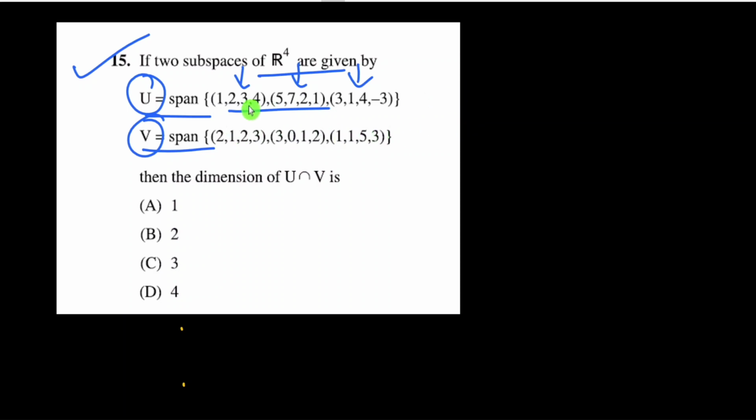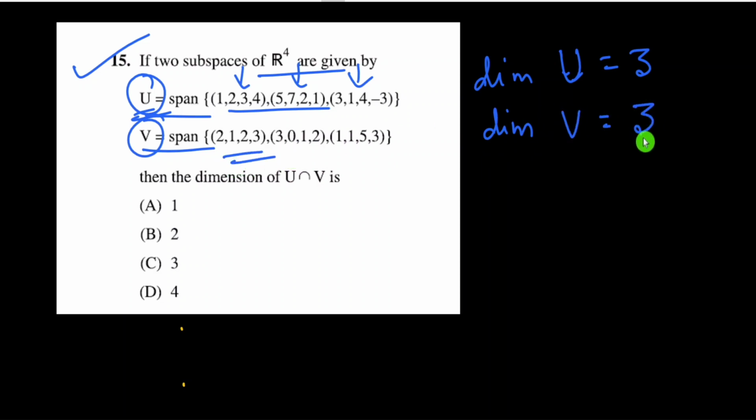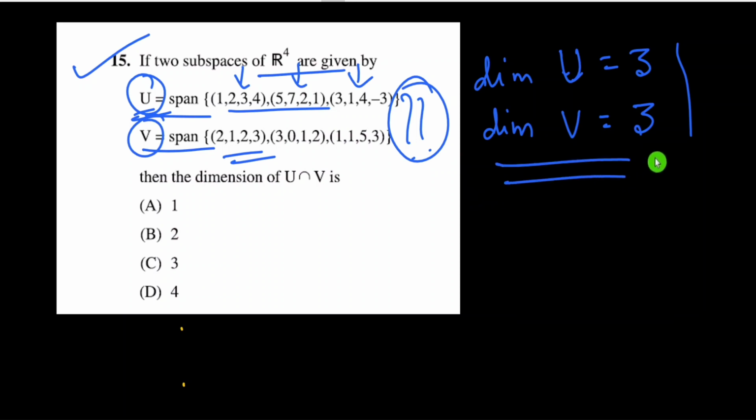So this gives the rank, the dimension, meaning the number of elements in the basis of U. So the dimension of U is clearly 3, since the 3 vectors are linearly independent. Similarly, the dimension of V is also 3. You can check this. I already checked, but this is a big calculation, so I don't write it here.